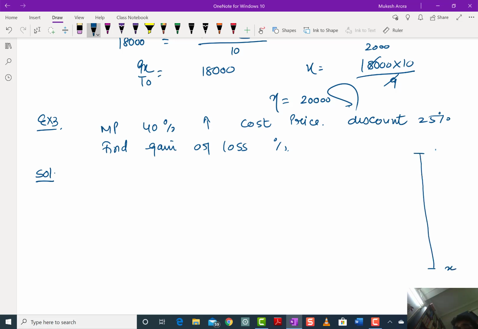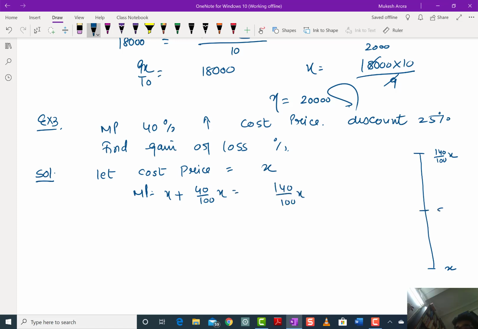Let cost price be x. Mark price is 140 by 100 x. Selling price we have to find first to know the gain. Discount is 25% of mark price.